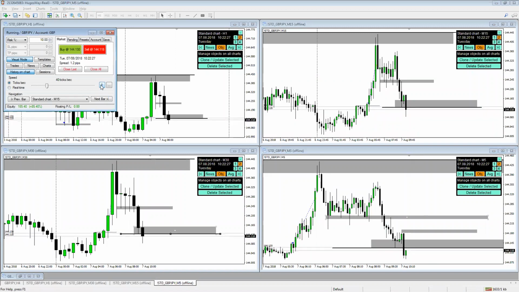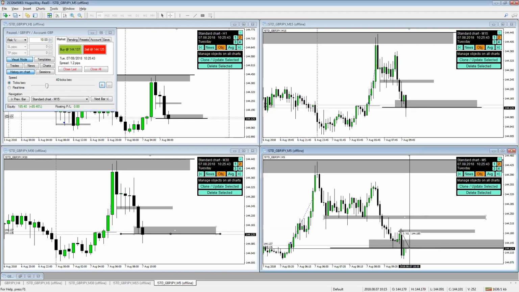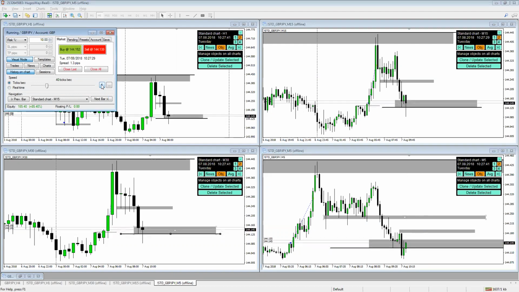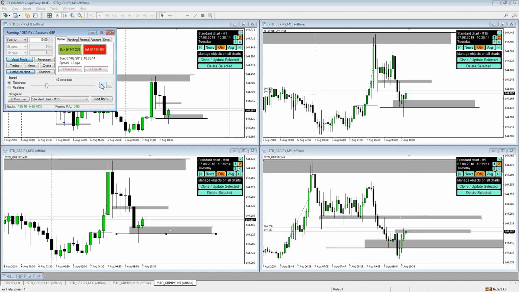Okay. Let's see. This one looks good. Yeah, because GJ does really high pullbacks before it continues, right?